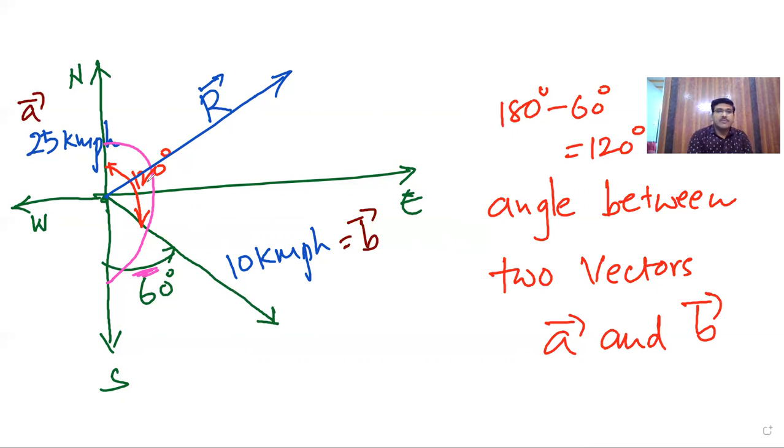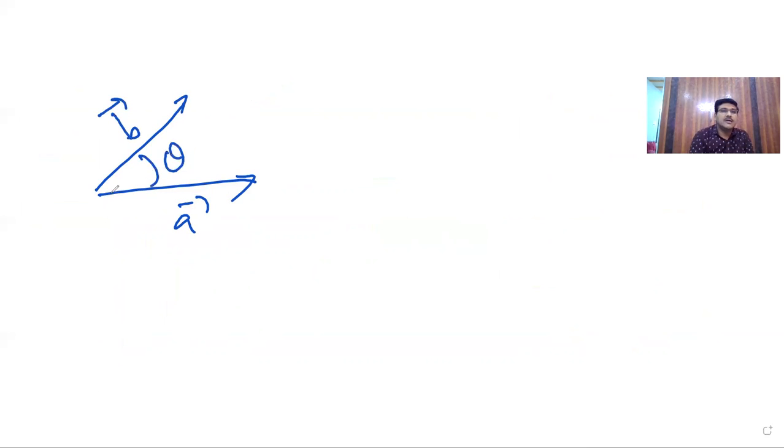Magnitudes of the vectors are provided. We need to calculate the resultant. If this is one vector A bar, this is another vector B bar, angle between them is theta, then this is the resultant R bar.